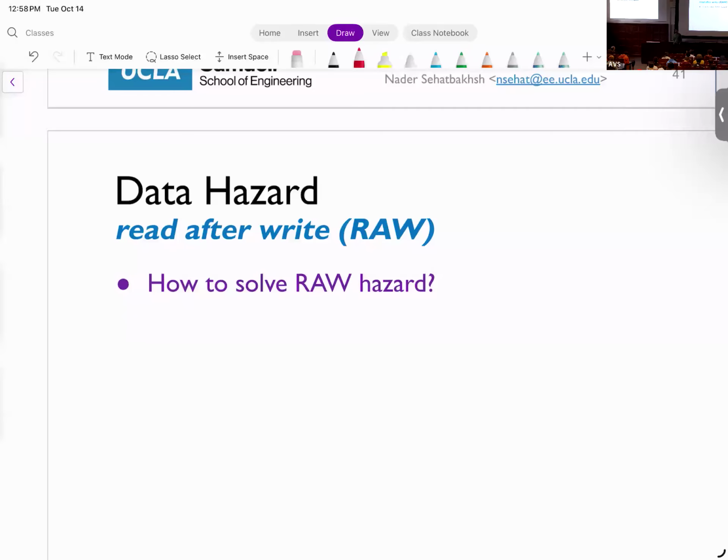Okay, so each register says that it's ready, but maybe the core changes the state for these registers. Okay, any final comment?